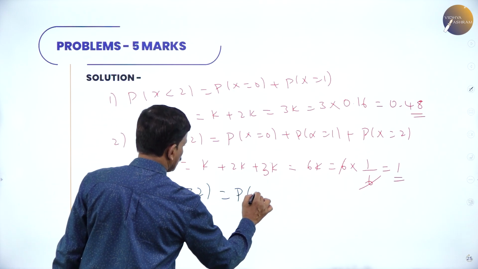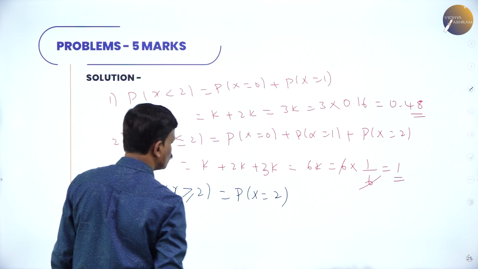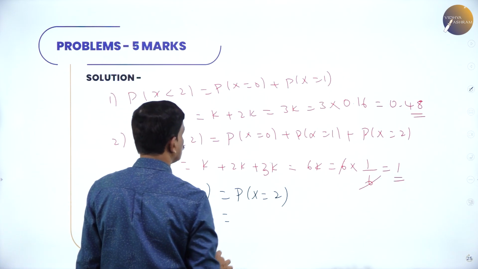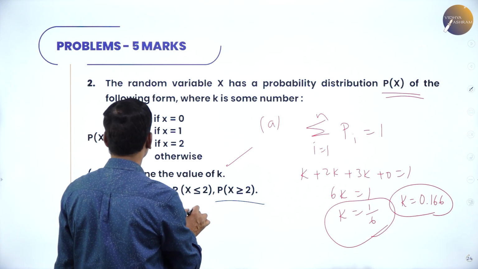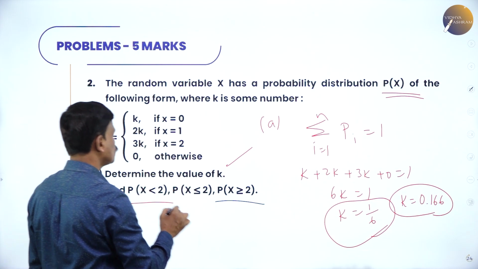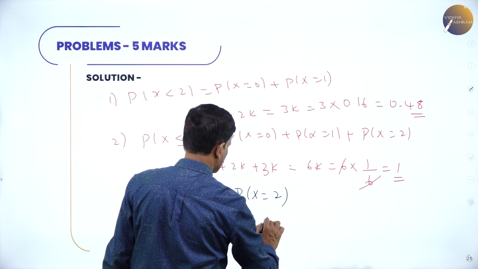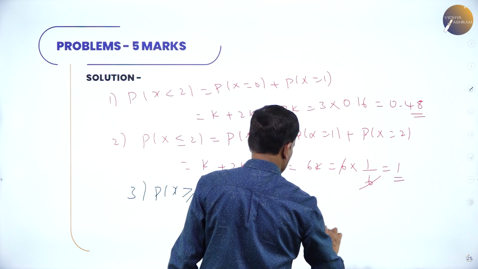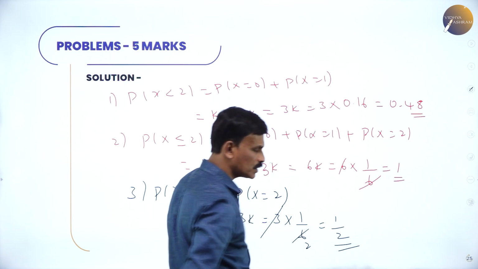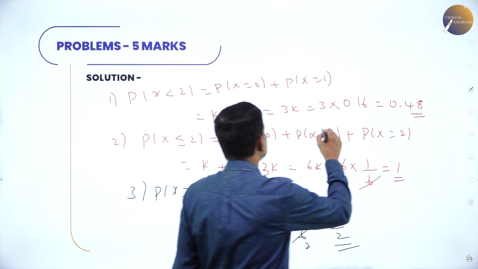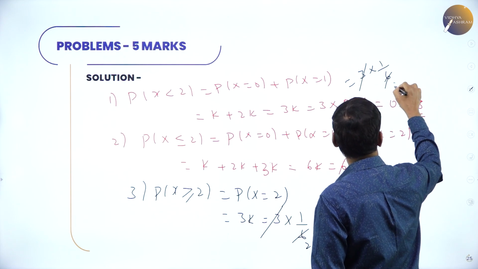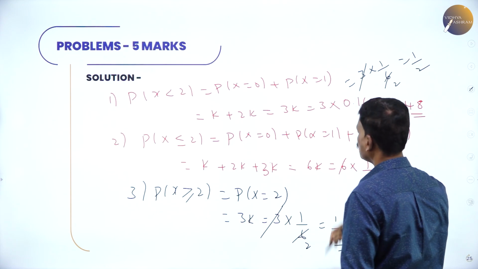When x is equal to 2, what is the value? P of x, x equal to 2, is 3k. Now, this is 3 into 1 by 6, which is 3 by 6, equal to 1 by 2. That's it.